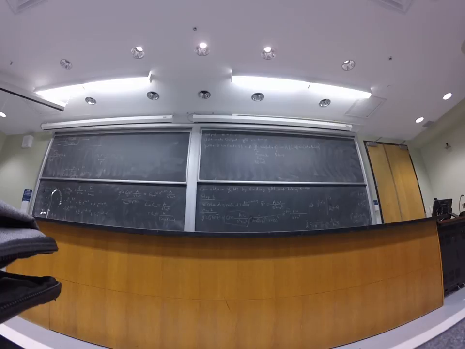With me? No? Are we going backwards? I'm not going backwards. Everything is good up to here. Now I'm going to try to find what e and f are. We know that H of t minus d is going to be e times this plus f times this. I'm going to try to find e and f.